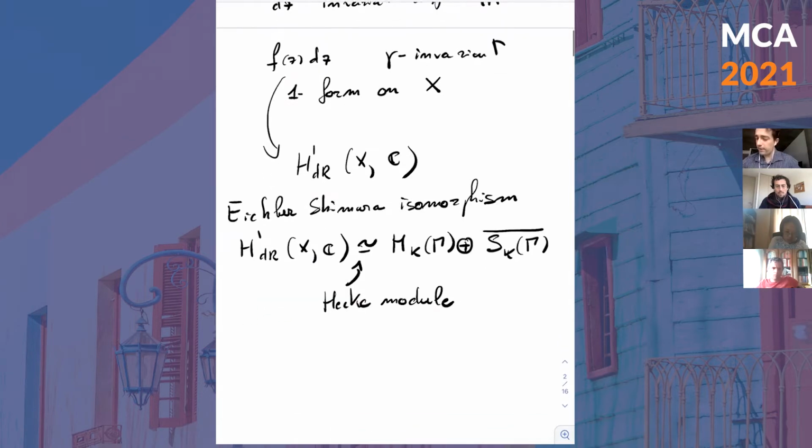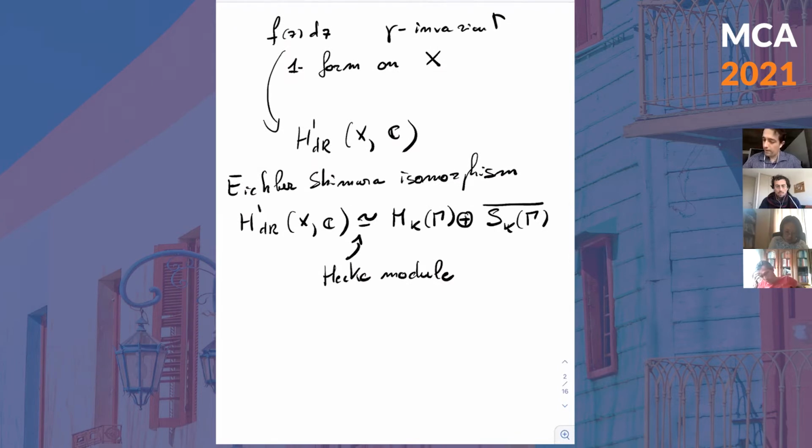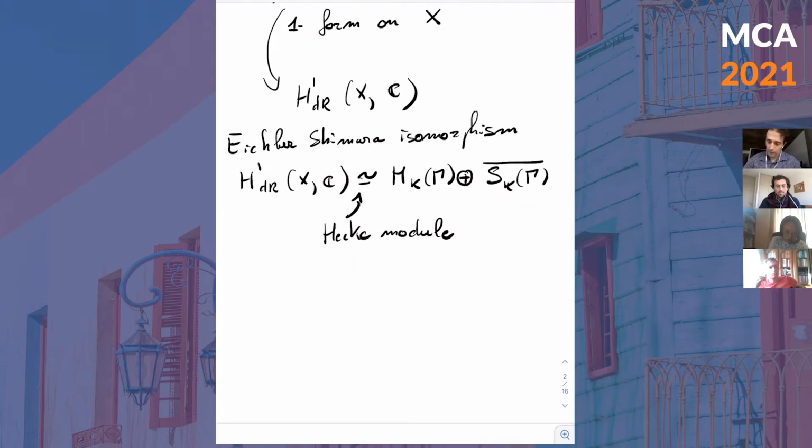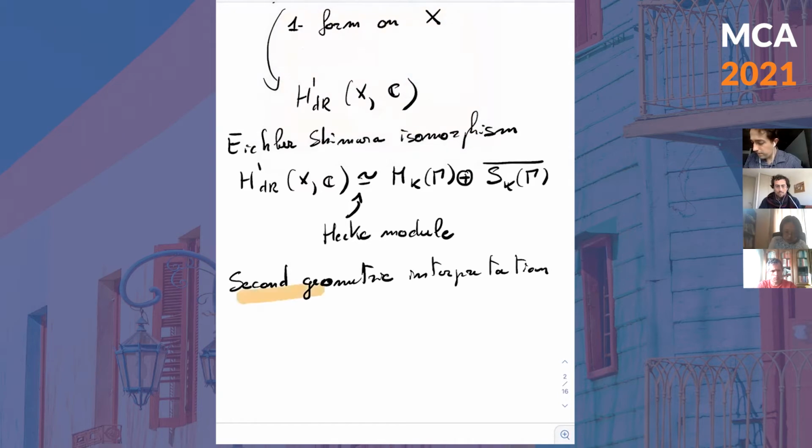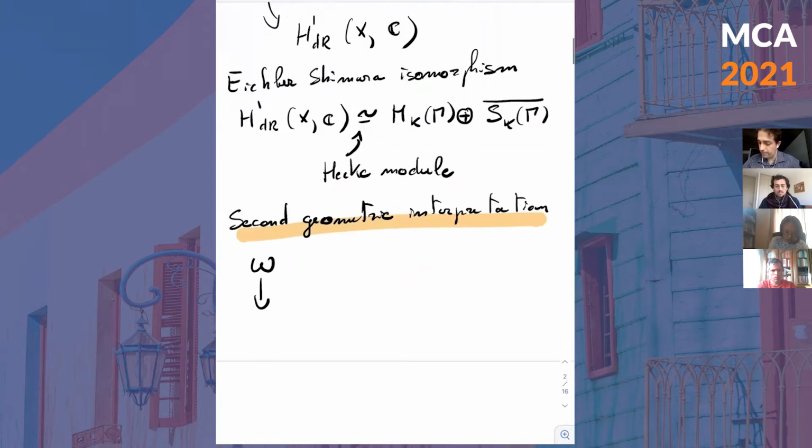But there is a second definition of modular form, a second geometric interpretation. The second geometric interpretation that I'm going to use is that I can construct omega over X, a line bundle.